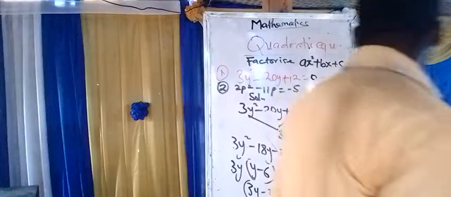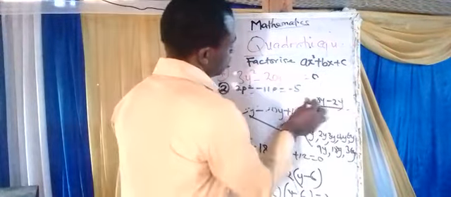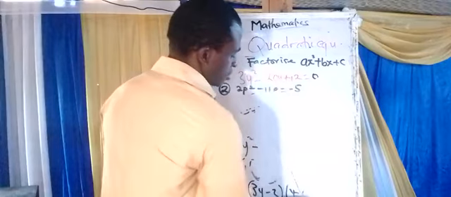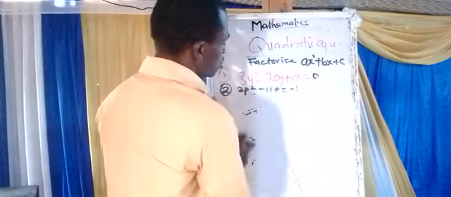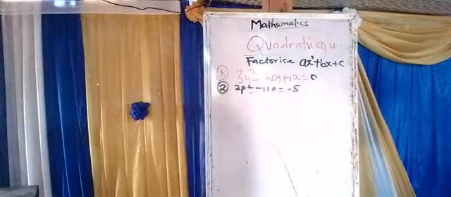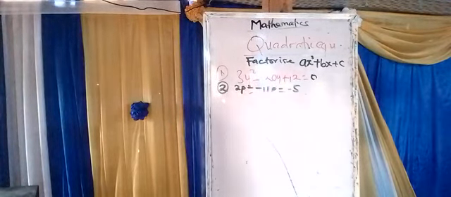Okay, the next question is, I want to clean the board so that we answer the next question, which is number 2 now. In number 2, the first thing we are going to do is to put it in our quadratic form.